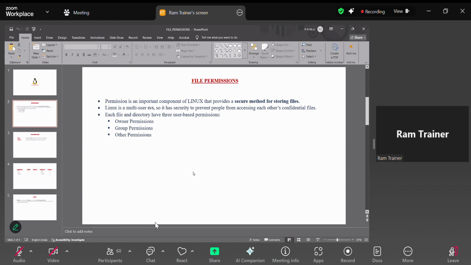Linux is a multi-user operating system, so it has security to prevent people from accessing each other's confidential files. On a single server, multiple users are working in the environment.